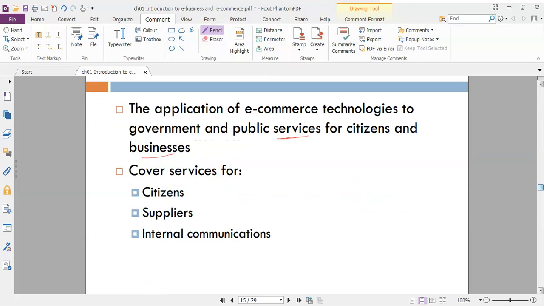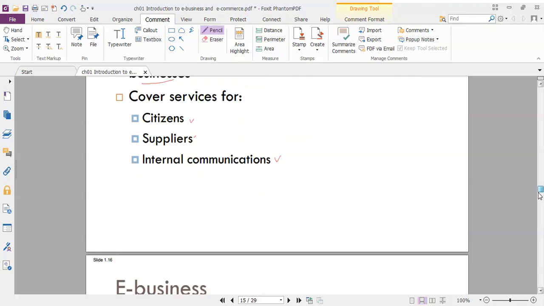They need to tax the citizens and the business. They have their own portal so that all the citizens and business organizations can log in through the website to submit their forms or financial statement, to cover service for citizens, suppliers, and internal communications. So that is an example of e-government.